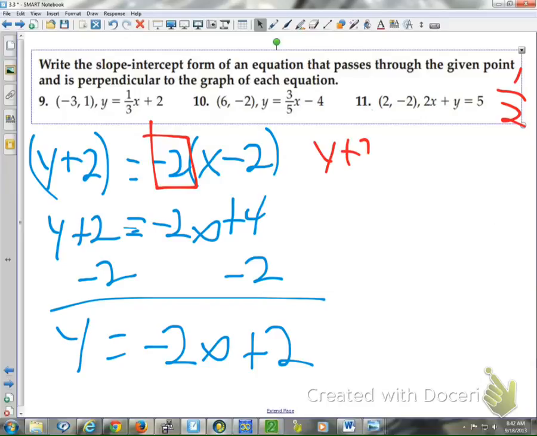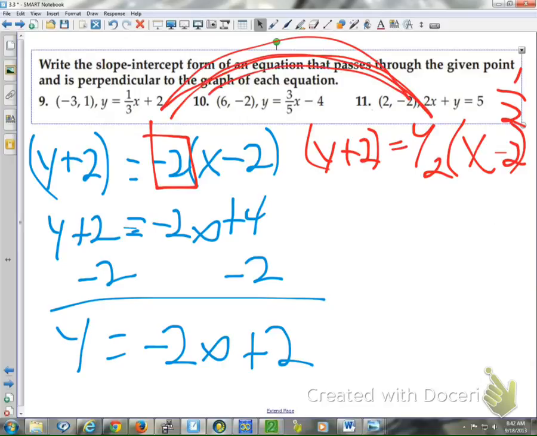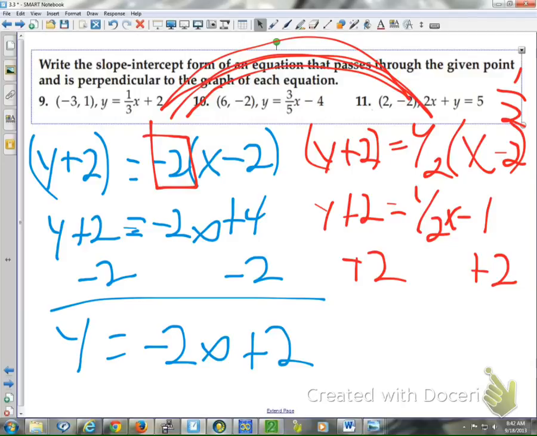And then from there, it's the same problem. y plus 2 equals 1/2 times x minus 2. Notice, nothing changed except for the slope. So that's y plus 2 equals 1/2 x, 1/2 times 1, minus 1. Add 2 to both sides. And that becomes y equals 1/2 x. What's negative 1 plus 2?